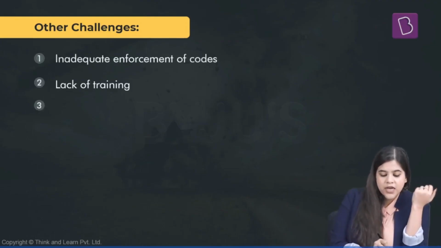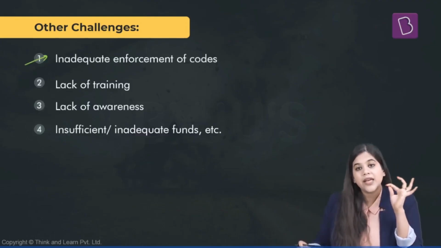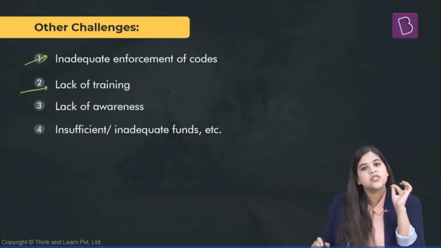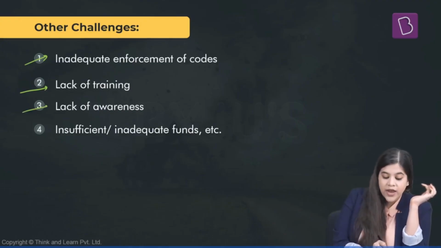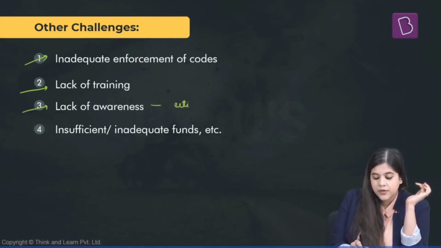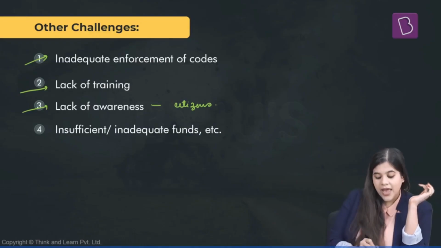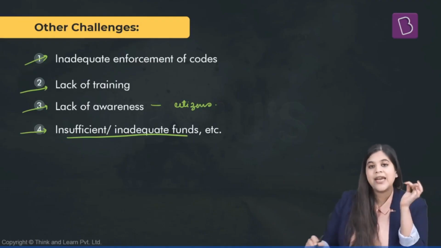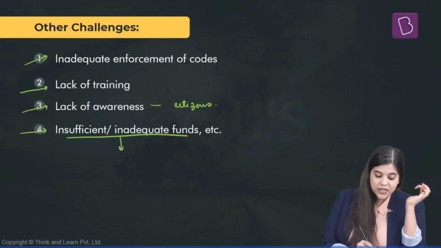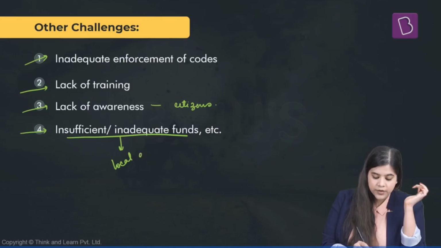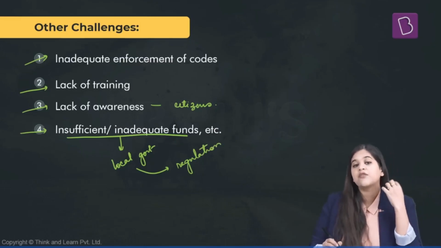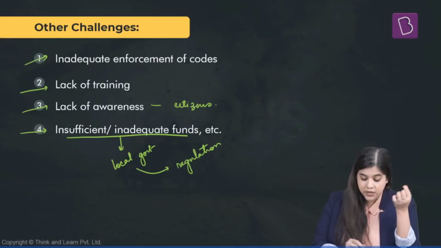So we have already studied inadequate enforcement of the codes. There is a lack of training of the stakeholders, lack of awareness amongst the citizens. And lastly, there are insufficient or inadequate funds, specifically with the local governments, to ensure that proper regulation and enforcement of building codes exist.